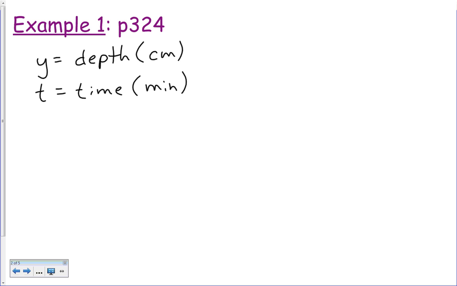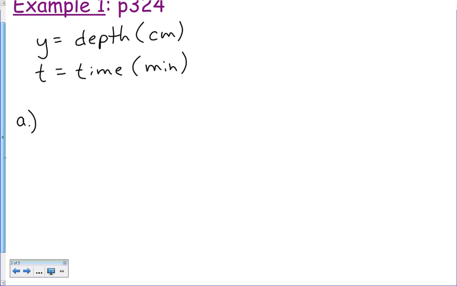All right, so part A, write the differential equation that states the following. The instantaneous rate of change of y with respect to t. That's dy over dt. The instantaneous rate of change of y with respect to t is, so that means we're equal to something, is directly proportional.